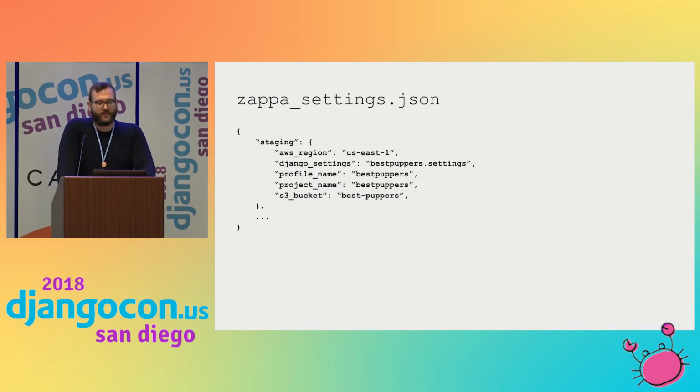So you have a staging environment, maybe a production environment, and each one will have the AWS region that is deployed to, and then it will automatically figure out your Django settings module, and the profile name is referring to that AWS credentials profile, and then the project name is your Django project, and the S3 bucket is that bucket name that we talked about earlier.